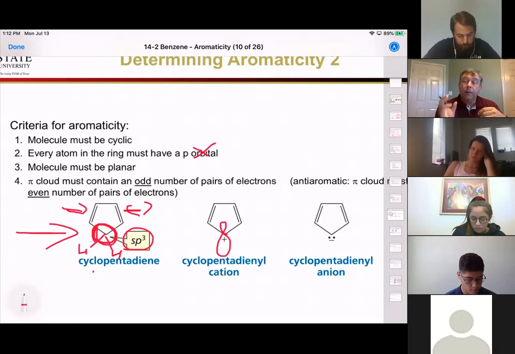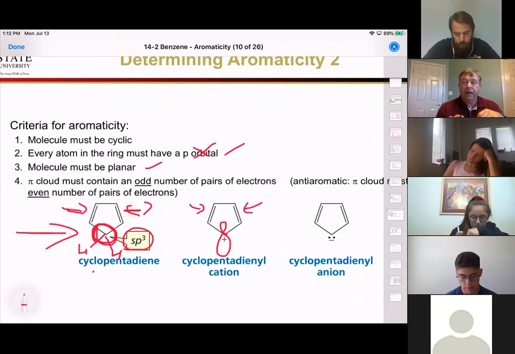Remember, carbocations are sp2 hybridized and have an empty p orbital, no electrons in there, okay? So we meet the planarity, we meet a p orbital rule, but now we only have 2 pairs of electrons. So that means this cyclopentadienyl cation is anti-aromatic.